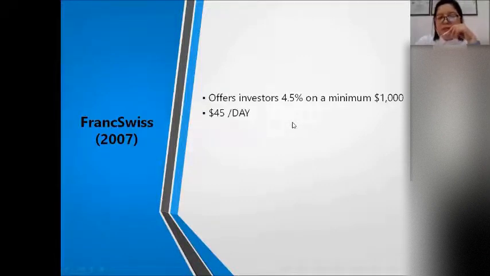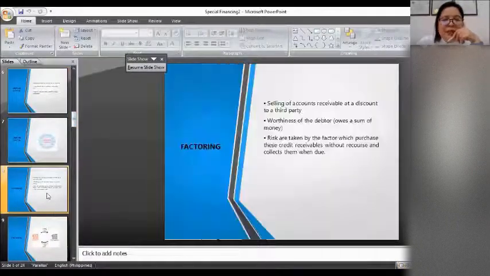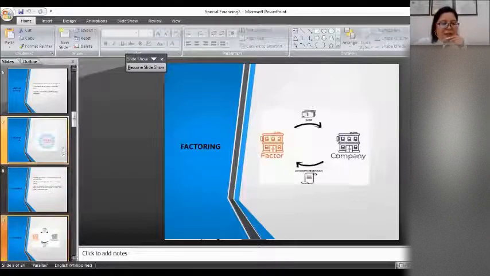In short, for every $1,000 in Philippine money, that is 50,000, you can get $45 a day. So in Philippine money, that is less than 2,500, something like 2,200. Imagine if you have 50,000, that will earn 4.5% in a month.